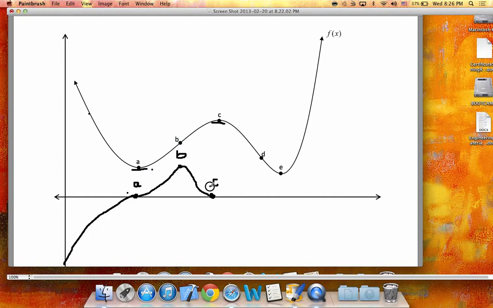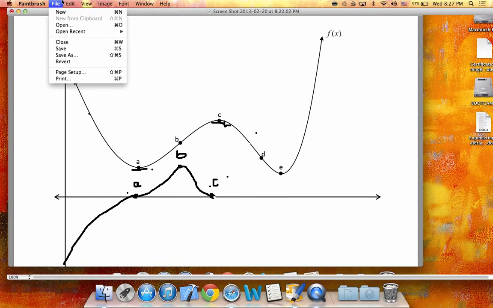And now we just need to evaluate between C and D. Well, let's see, it's a negative gradient. And as it goes along, it becomes steeper. It becomes more and more negative, because, look here, it's reasonably negative there, but it's even more negative down here.